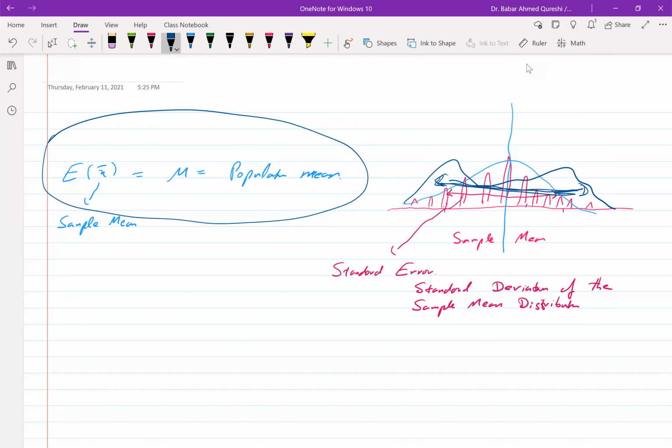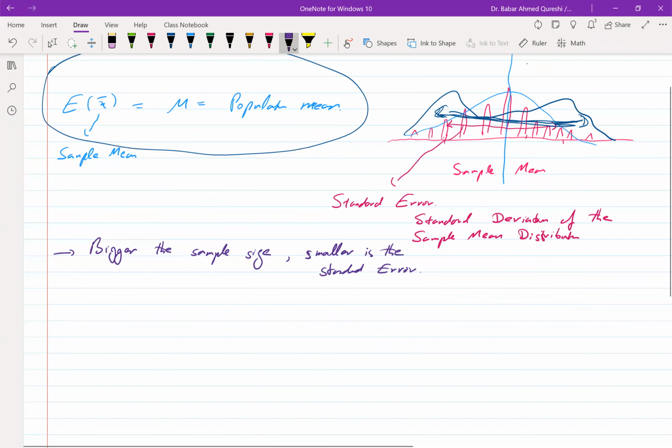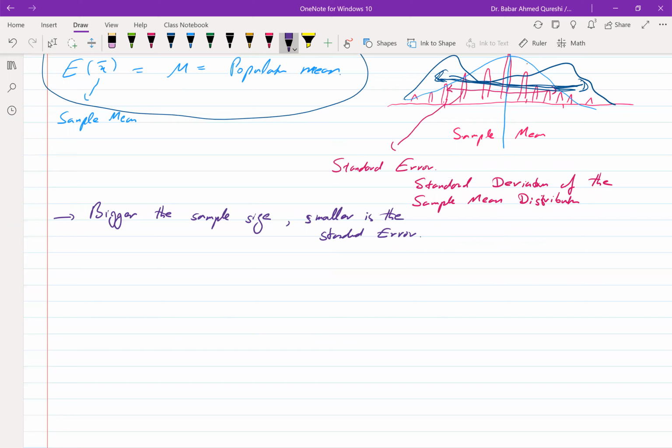And the standard error which occurs will depend on how big a sample you pick. The bigger the sample size, the smaller the standard error. And the exact formula is actually also known.